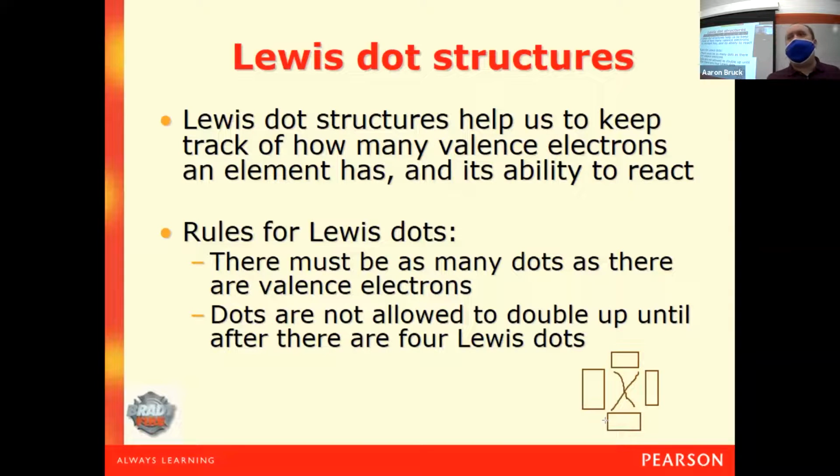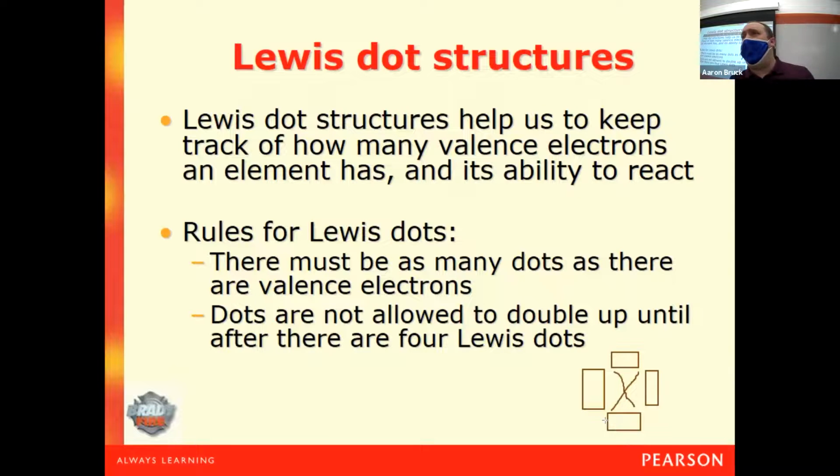And for all intents and purposes, those 4 orbitals have roughly the same energy, and that's why the second rule applies. The dots are not allowed to double up until we have filled all 4 of those zones. Again, the thinking behind this is relatively simple.